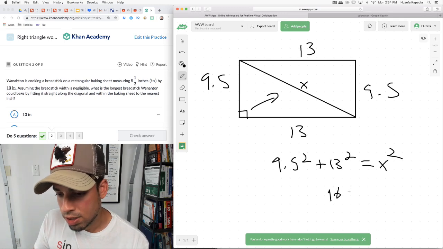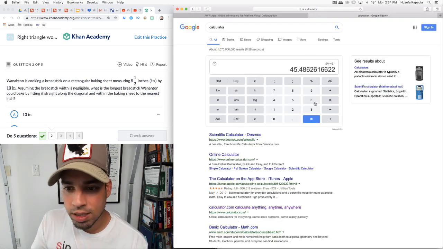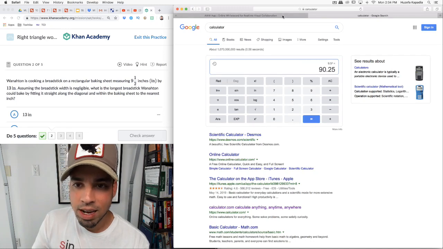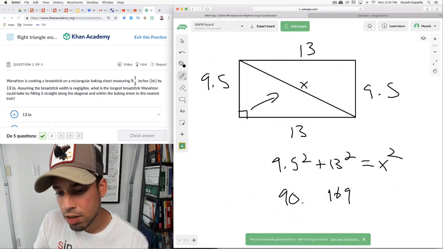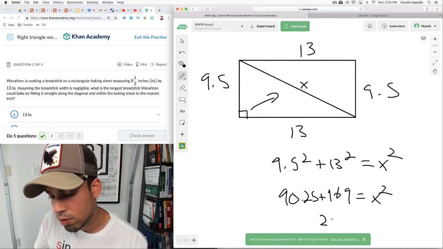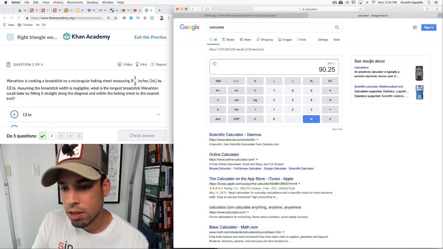13 squared is 169. 9.5 squared, I don't know, let's see. 90.25. So we got 90.25, plus 169 is 259.25. Let's double check the math.